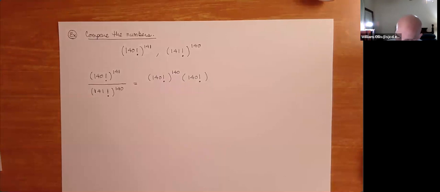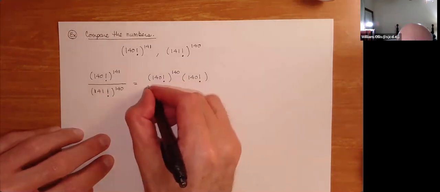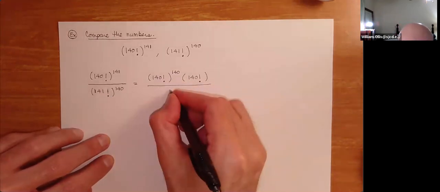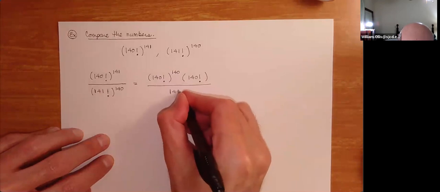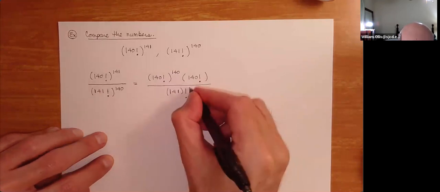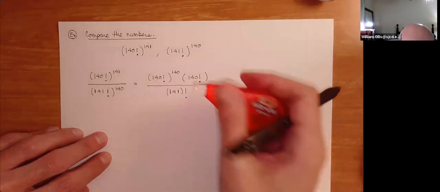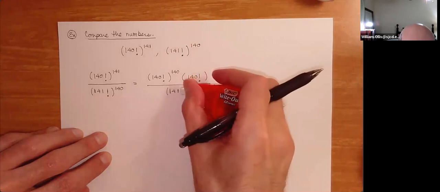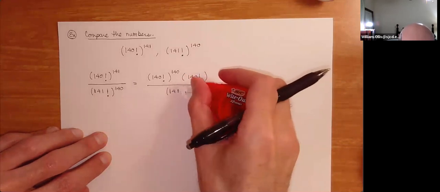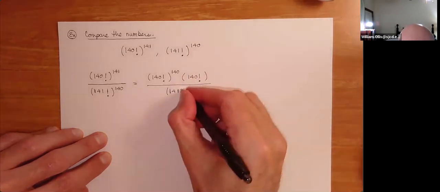So now when we look at that, we're like, okay, that at least breaks this up so the powers are the same. And so downstairs, what does that give us? So we have 141 factorial. Wait, let me write it this way. Let me put the factorial inside. So this is just bookkeeping at this point.